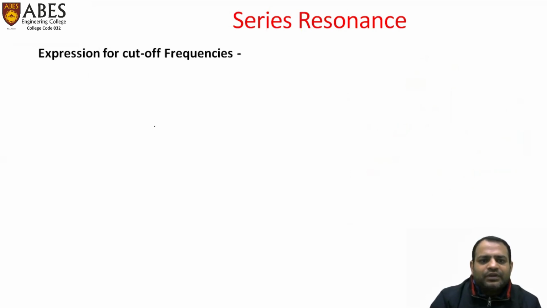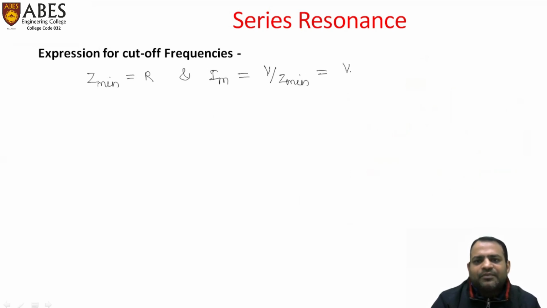So we know that our Z at resonance is minimum, which is equal to R, and correspondingly our current is Im, that is V upon Z minimum, which is equal to V upon R. Now, if we are taking power at resonance, which is P max, I square R, because the circuit is purely resistive, XL is equal to XC, which cancel out.